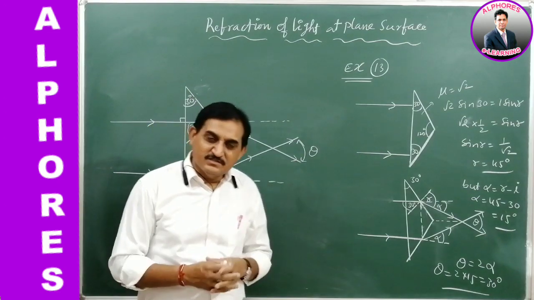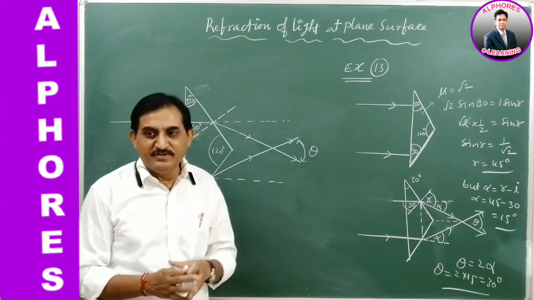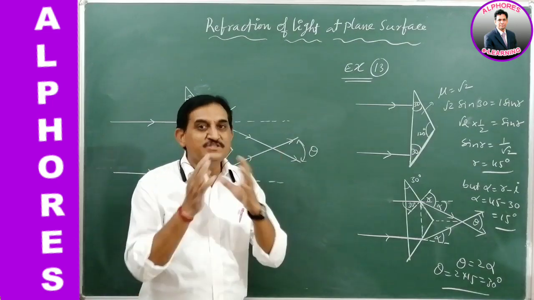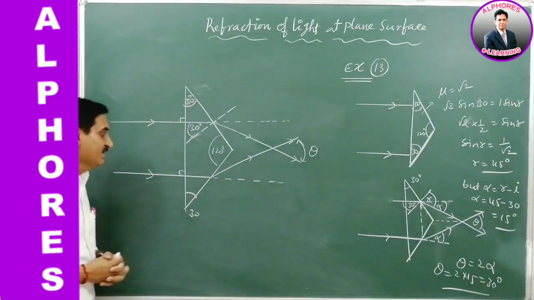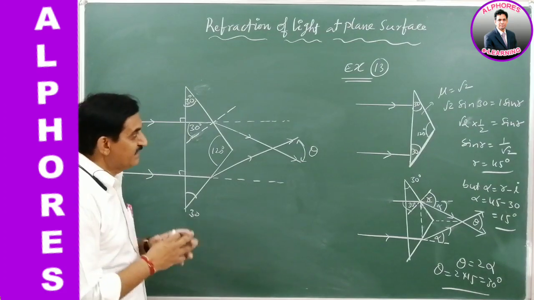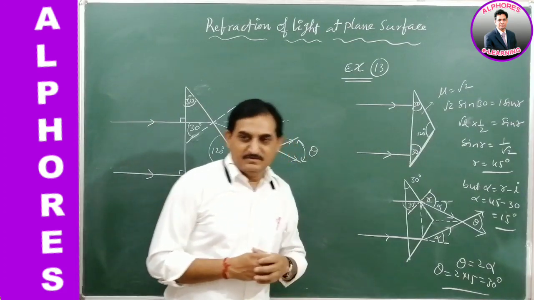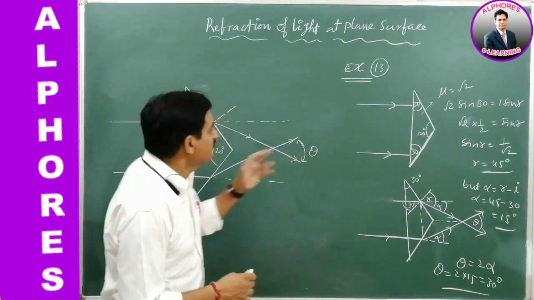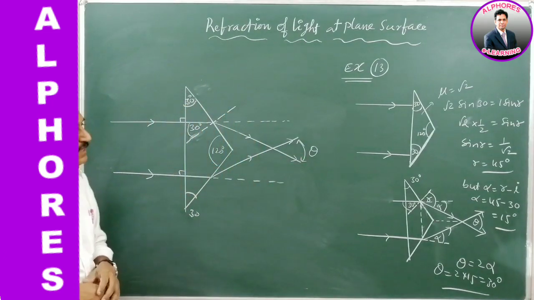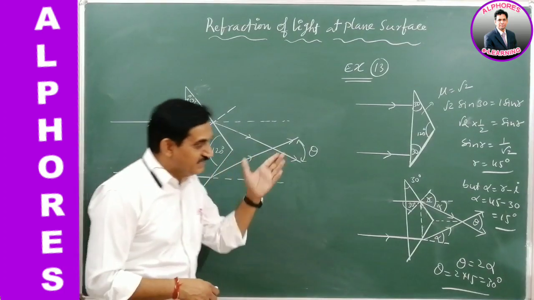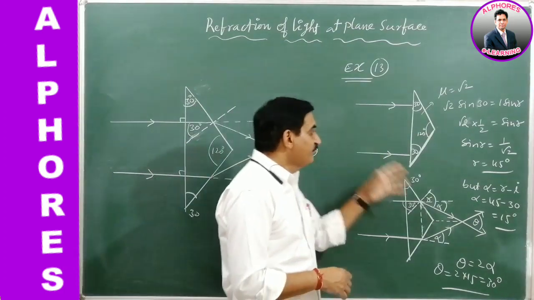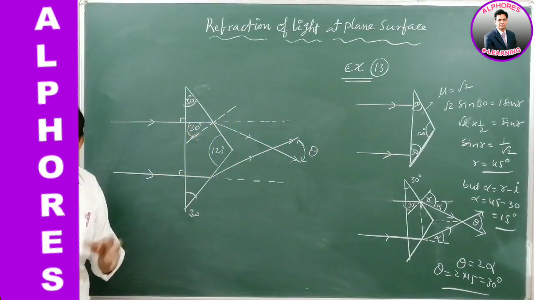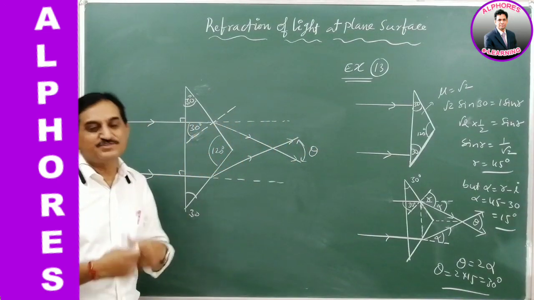So the question is, what will be the angle between the emerging light rays after refraction through this prism? So this is the question once again. There is an isosceles prism of angle 120 degree and refractive index root 2, and a parallel beam of light is incident there, and after refraction they emerge. After refraction, what will be the angle between the emerging light rays?